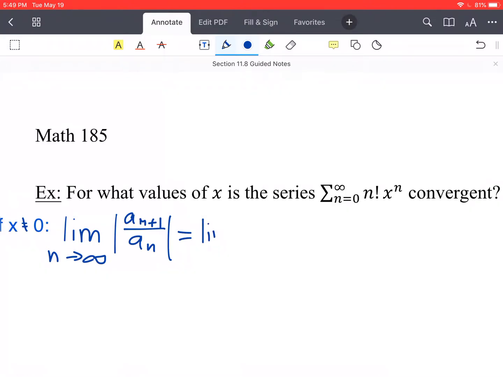That's the limit as n approaches infinity of the absolute value of n plus 1 factorial times x to the n plus 1 over n factorial times x to the n.